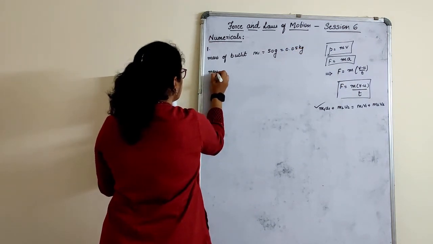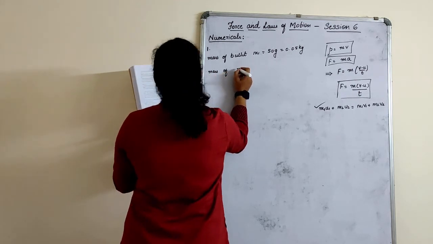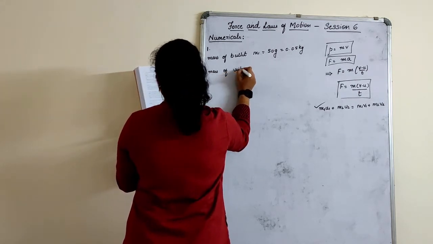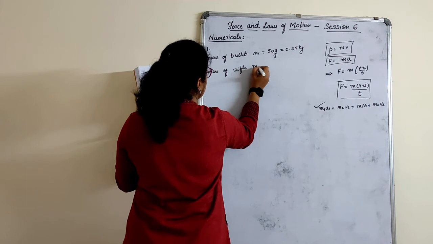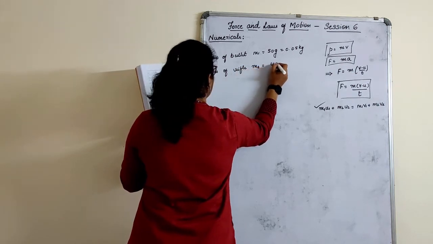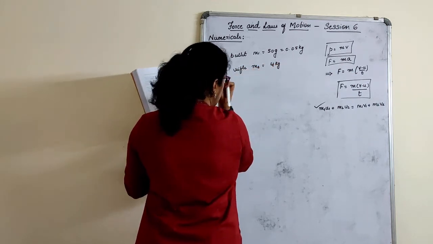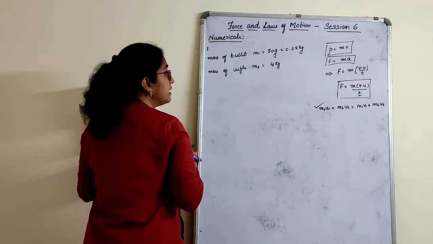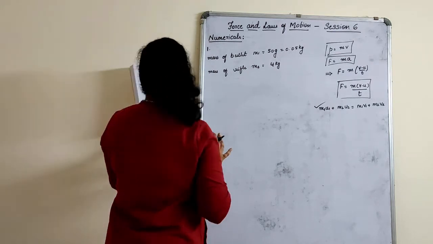Next, mass of the rifle, m2, is equal to 4 kg, as it is. So we are done with the bullet and rifle. Now let's understand the velocities.